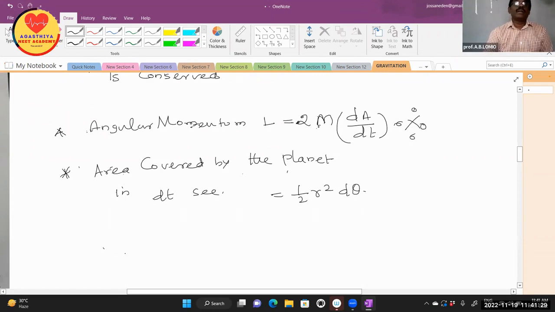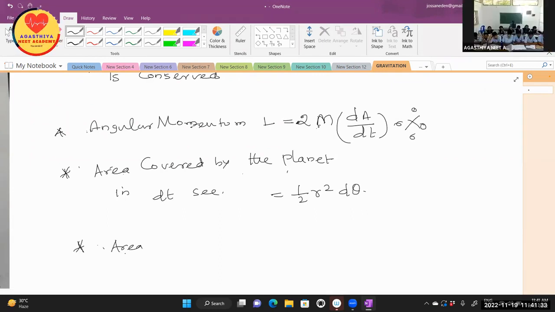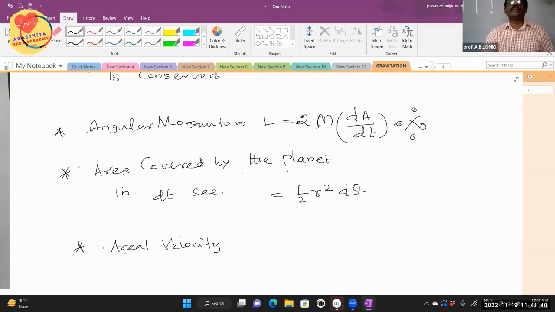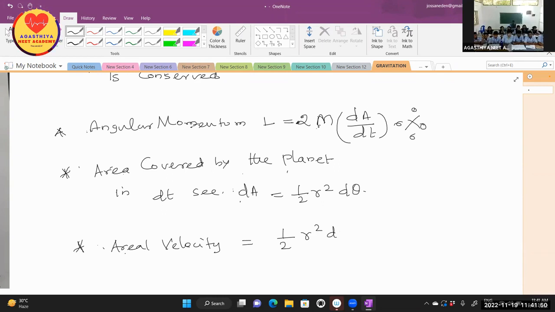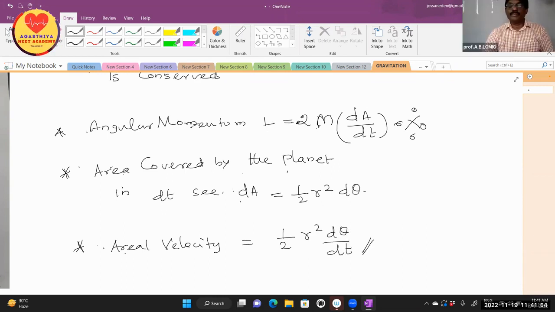Therefore, this can be written in terms of areal velocity. Areal velocity means dA by dt. When the area is divided by dt, it becomes areal velocity. Therefore, half r squared d theta by dt.